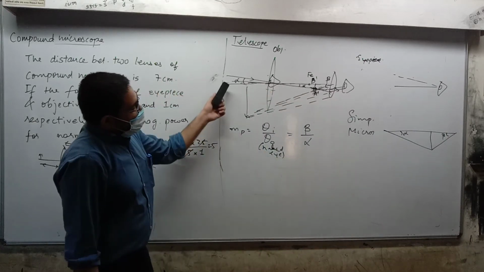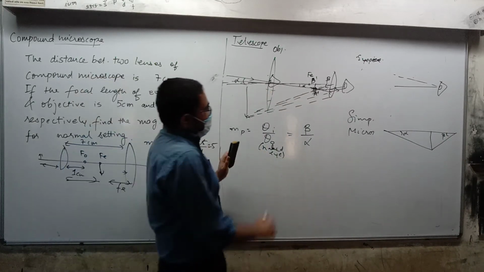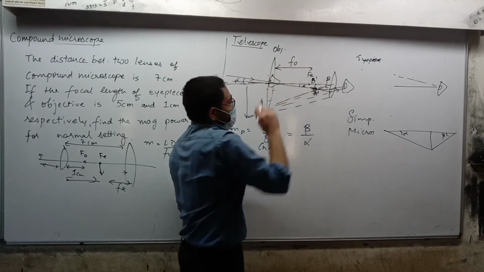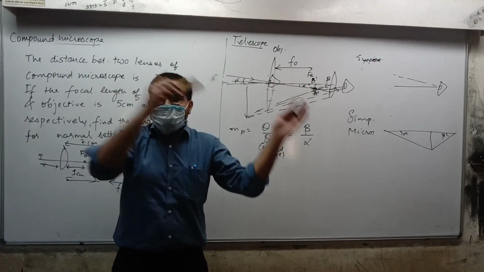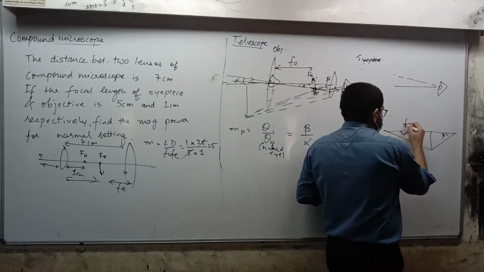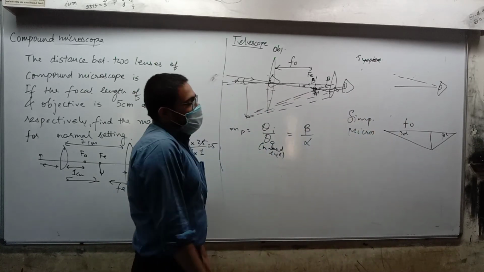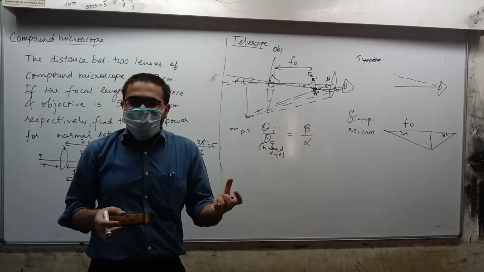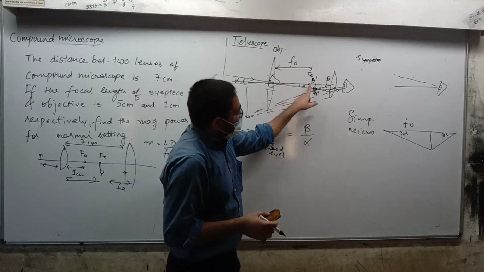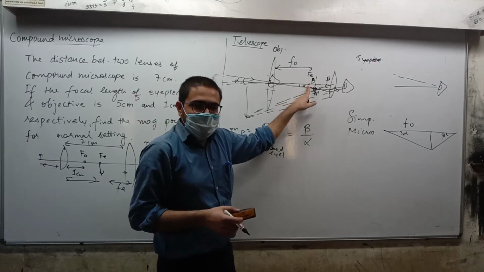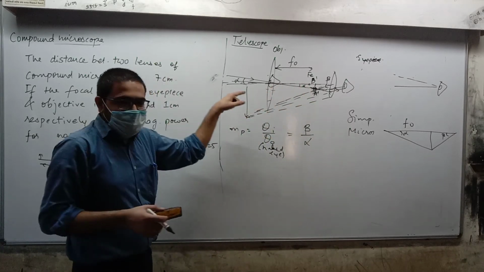Now, over here, if this object is very far, then the first image is formed at the focal length of the objective. Do you agree? Object very far, so where is the image formed? At the focus, right? So this is f. Then on that side, if you want to see the virtual image, the focus of the eyepiece should be slightly on the left side, as in the compound microscope diagram.